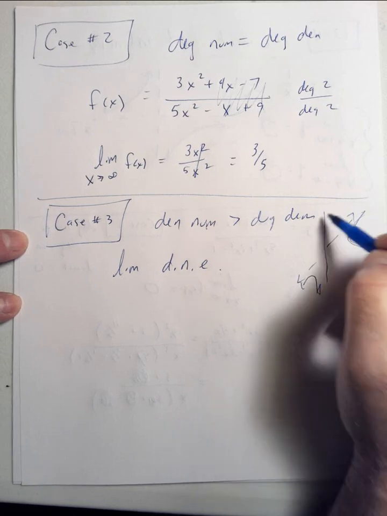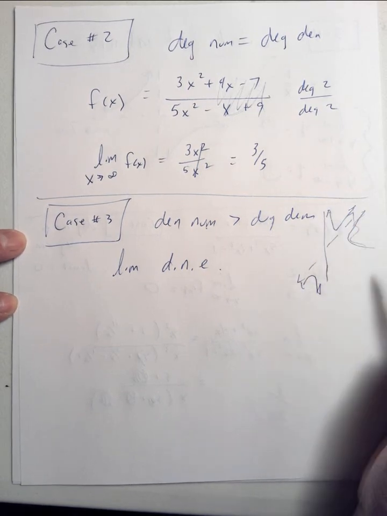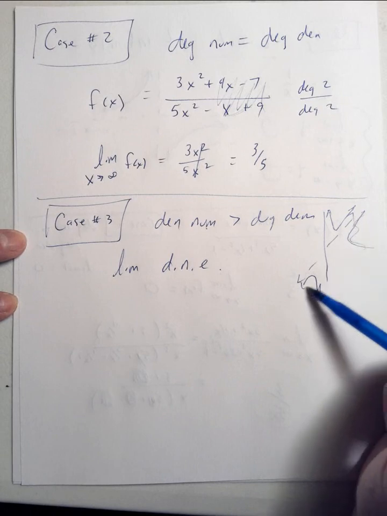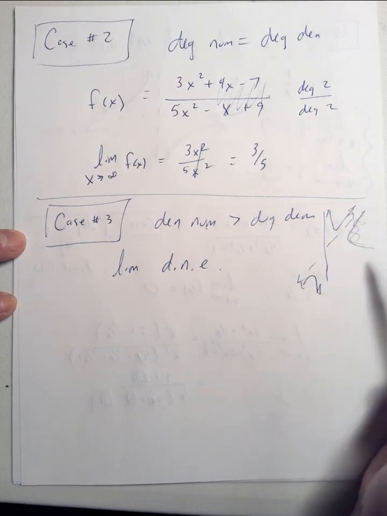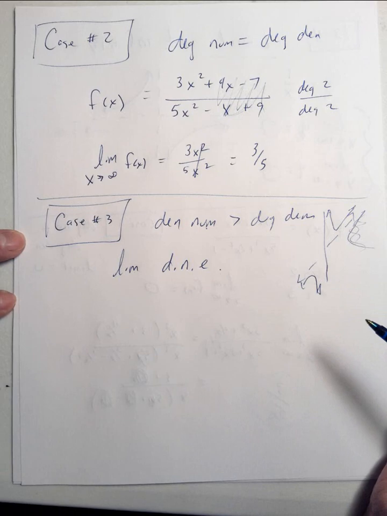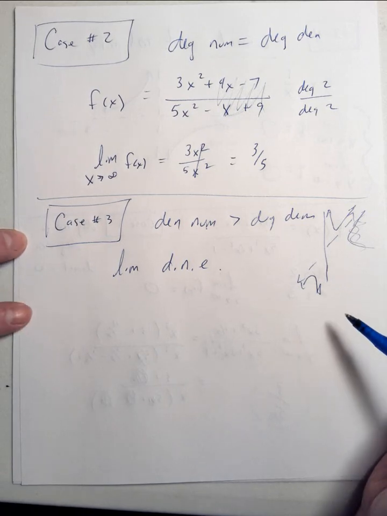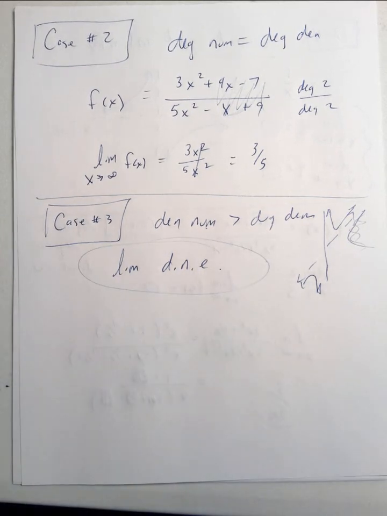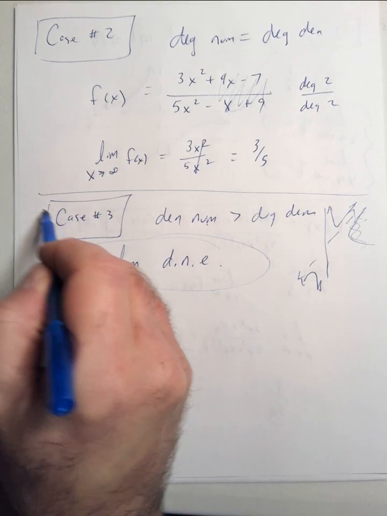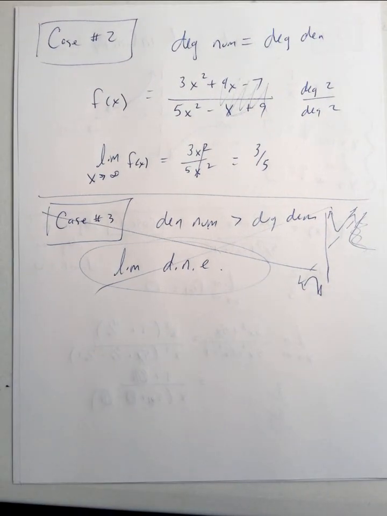Whereas when you look at the end behavior here and here, it's going to positive and negative infinity, not a value. And we've learned from our limit process that if we approach positive or negative infinity, the limit does not exist. I don't care about the slant asymptote here because I'm really looking for the limit. So just remember that when the numerator is bigger than the denominator, limit doesn't exist, move on.